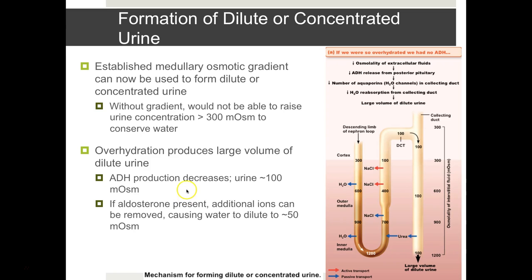But in this case, since we don't have ADH or have decreased amount of ADH, our additional ions can be removed, and that causes the water to stay in our tube, in our nephron, and dilutes our urine.